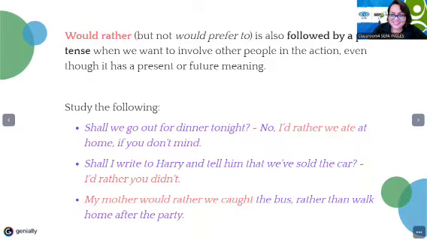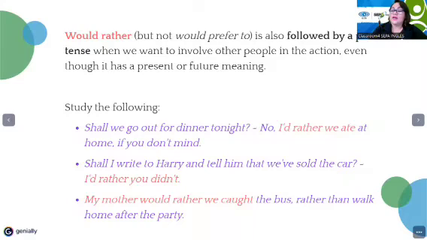Let's analyze the sentences again, because maybe for you it's a little bit complex. Shall we go out for dinner tonight? It's a question. No, I'd rather we ate at home, if you don't mind. Shall I write to Harry and tell him that we've sold the car?